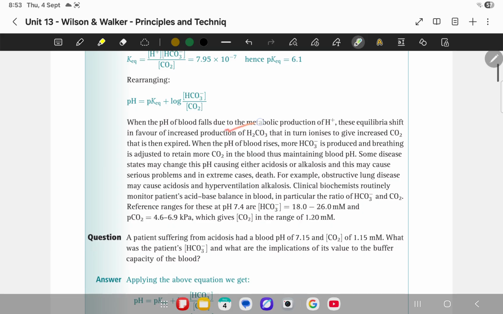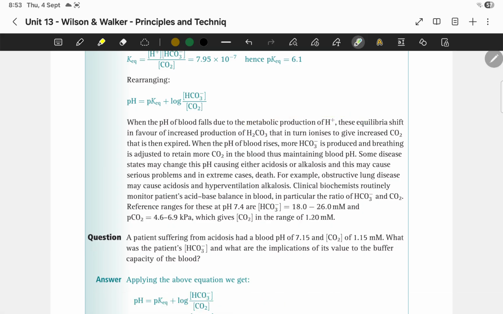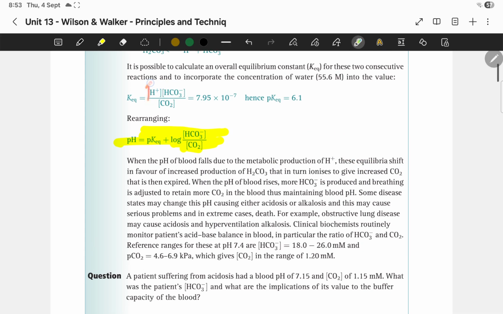When the pH of blood falls due to the metabolic production of H plus, when H plus increases, this will also increase, and this will also increase.